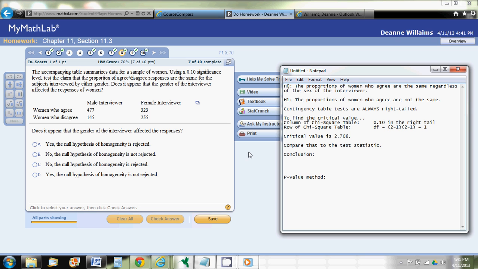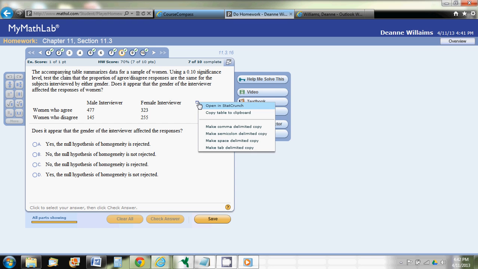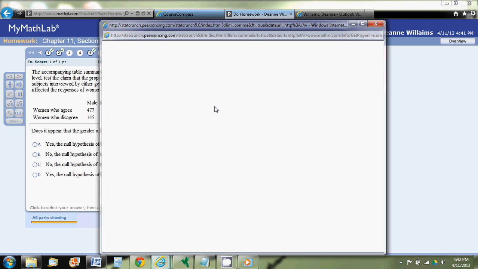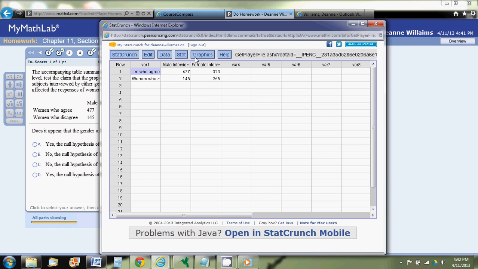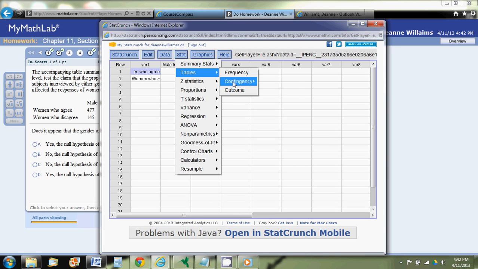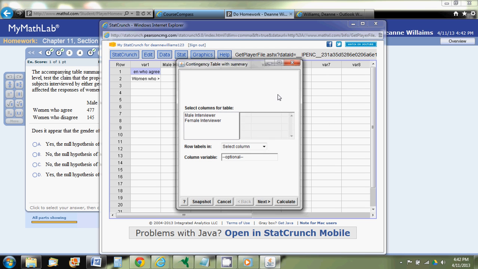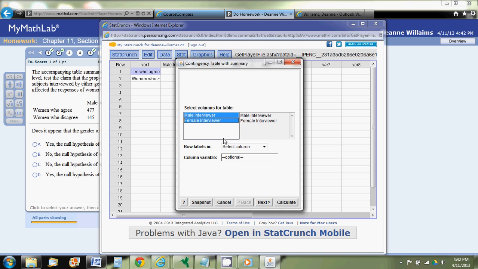So now we're going to go grab the test statistic out of StatCrunch. So we'll open our data into StatCrunch. We'll get our contingency table with our summary data. Those are the columns for the table, and the row labels are in variable 1.